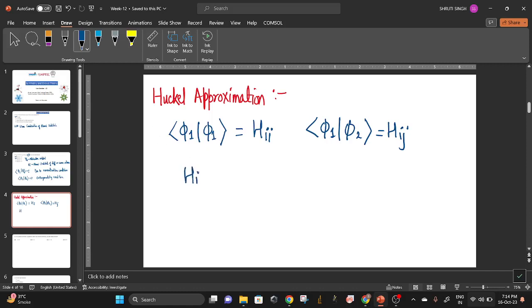So here H_ii is written as alpha and H_ij is written as beta. This is using Huckel approximation. But when this approximation is not used, this integral equals 1 and this equals 0.